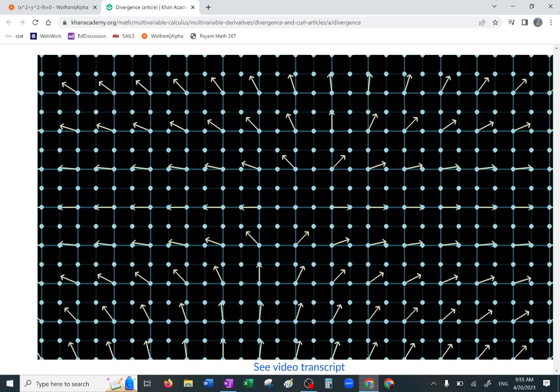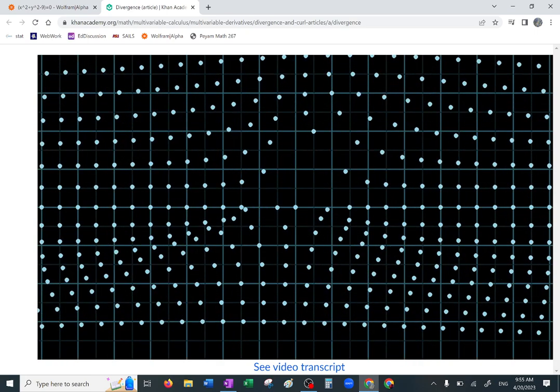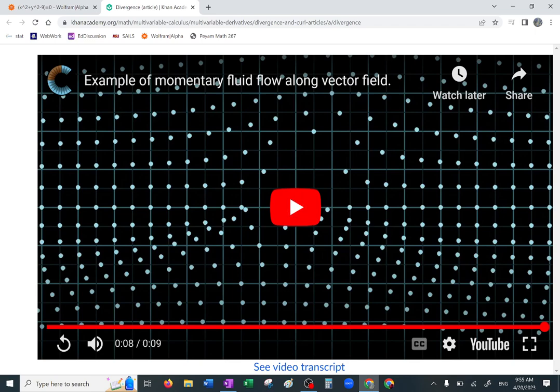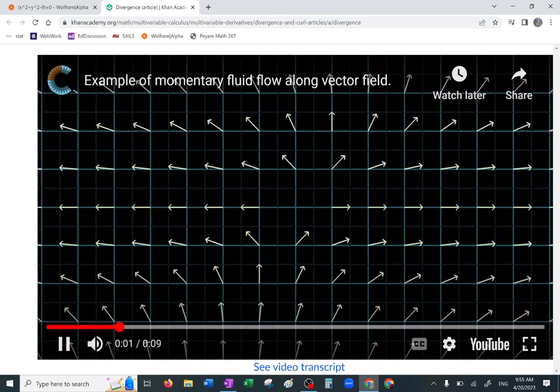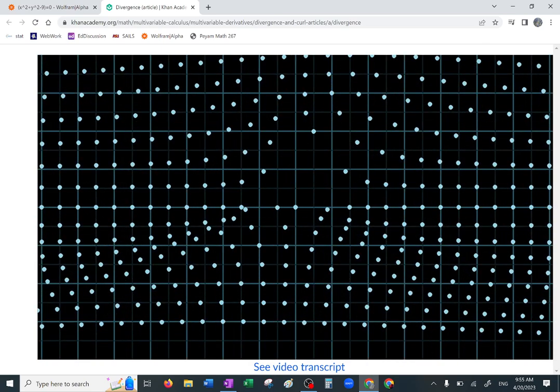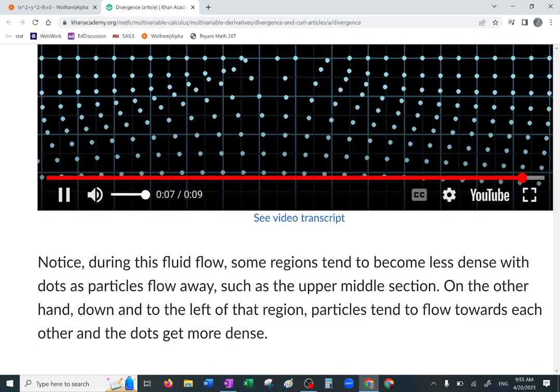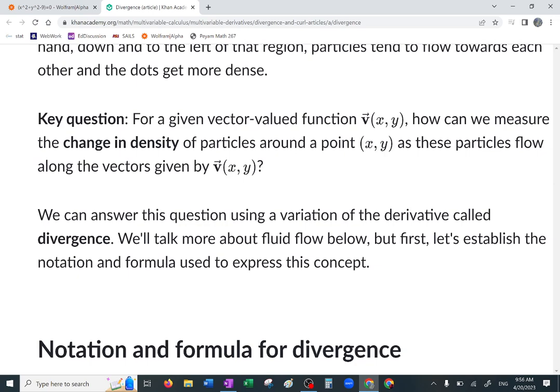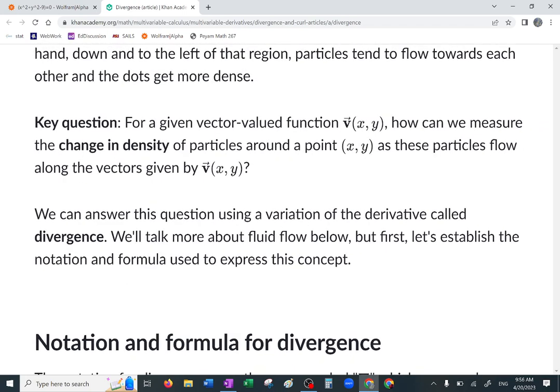So here are my derivatives, vector fields. Some particles get closer to each other, some particles spread. How to identify that using math, and vice versa. If math gave you stuff, how to know that that is the explanation of that math. Key question: for a given vector-valued function v, how can we measure the change of density? We learned before in calculus 1 derivatives and integrals.